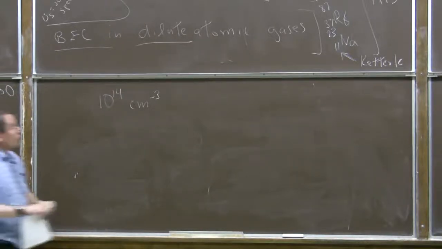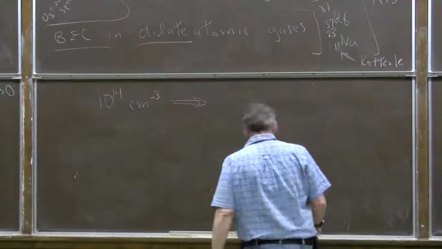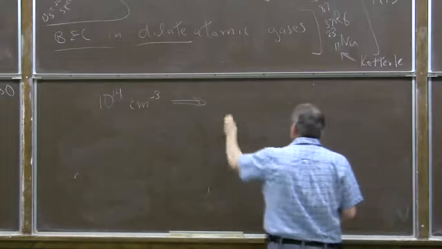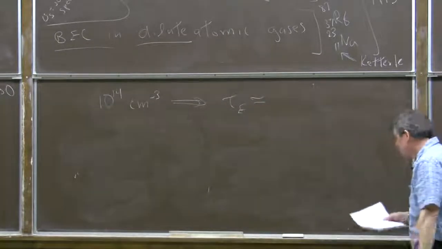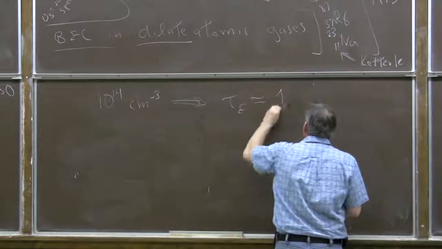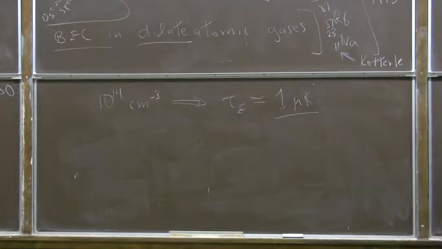And so for the atomic masses appropriate for rubidium or sodium, we can estimate the Einstein temperature. And when you do that exercise, you find a number of about a microdegree Kelvin. Okay, it's much less dense, and therefore the Einstein temperature is much lower. Okay, about 10 to the minus 6 K.